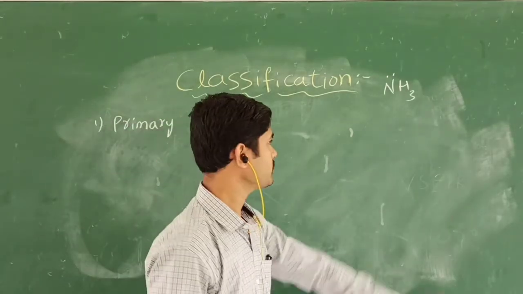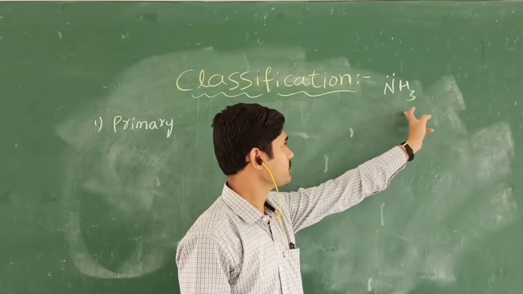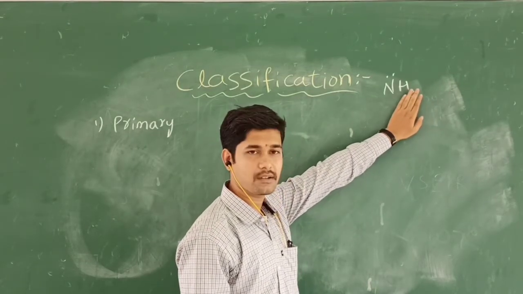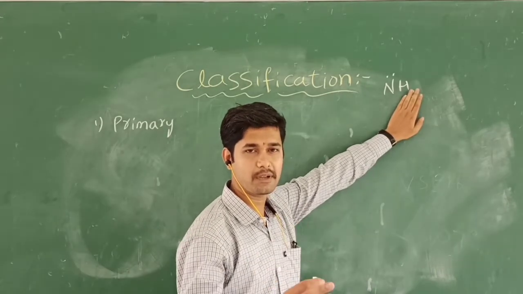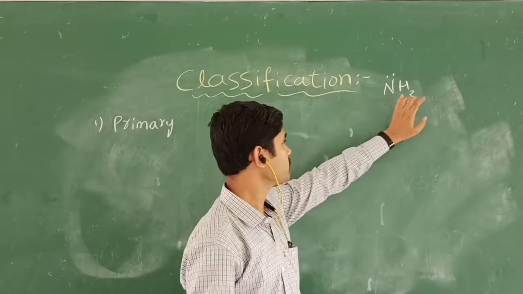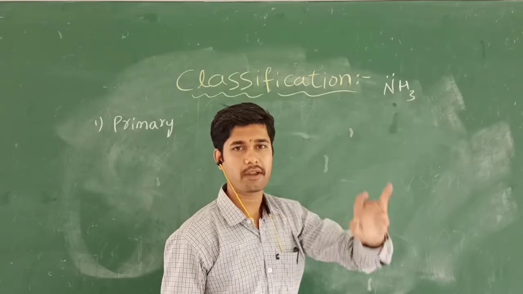Here NH3, ammonia, is there. I am going to replace one hydrogen with one alkyl group. That replacement of one hydrogen atom from the ammonia molecule is called primary amines.